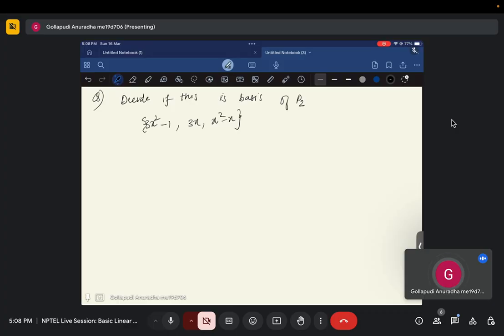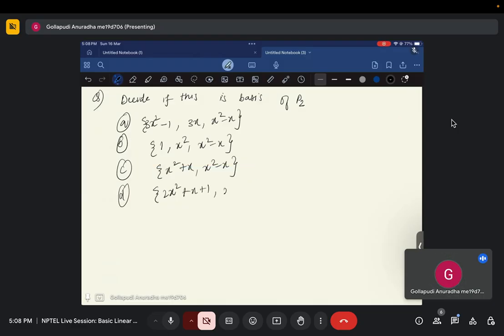B, 1, x square minus x. C, x square plus x square minus x. And D, 2x square plus x plus 1, and 2x plus 1, and 2. So which one will be the basis of P2?